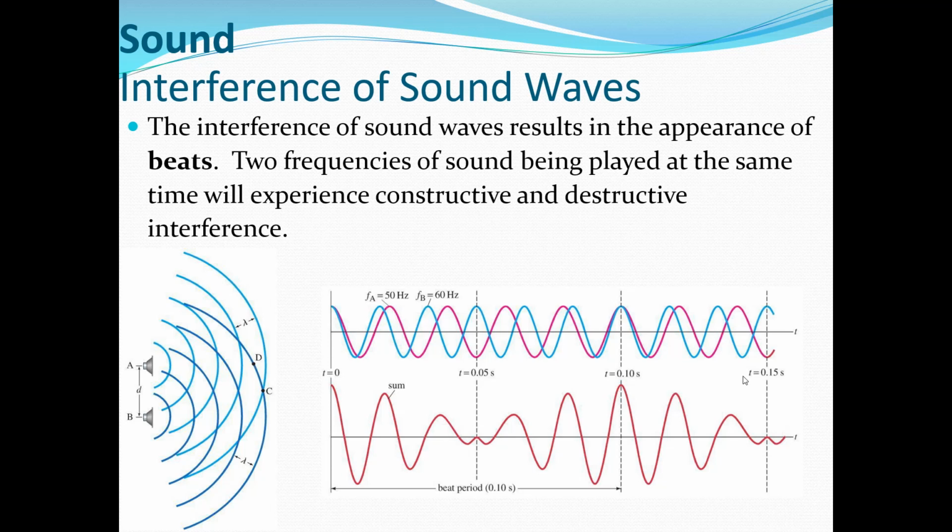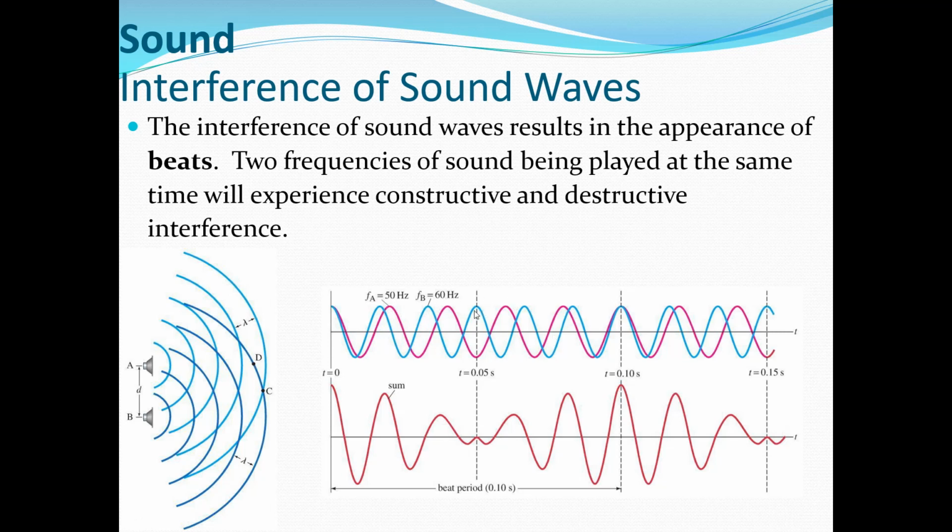So if you have two frequencies that are fairly close together, like in this case 50 hertz and 60 hertz, you'll see that the higher frequency will go through its cycle much quicker. So if they start together, you'll notice that it starts to pull away from the 50 hertz one, and it'll quickly go faster and faster until there's a point where they actually end up being in opposite directions.